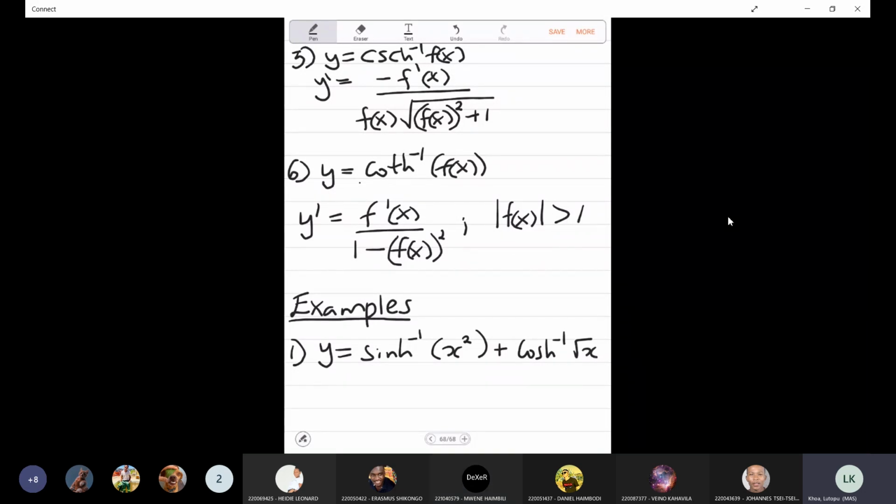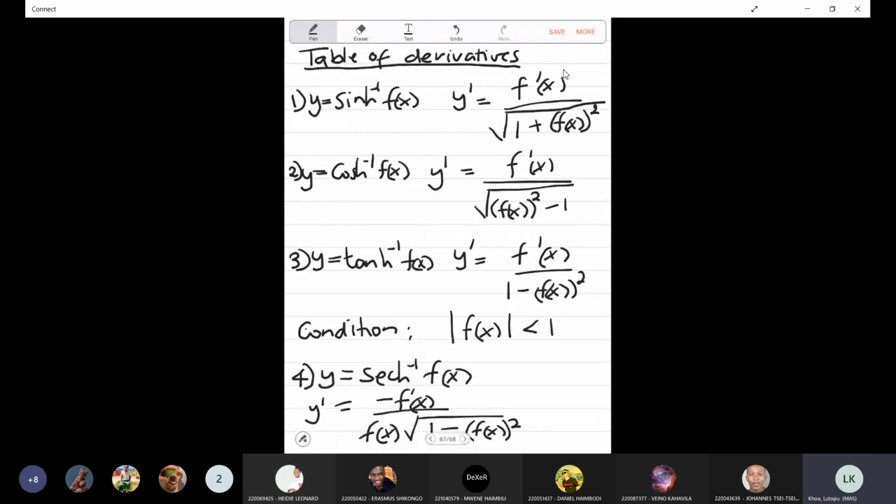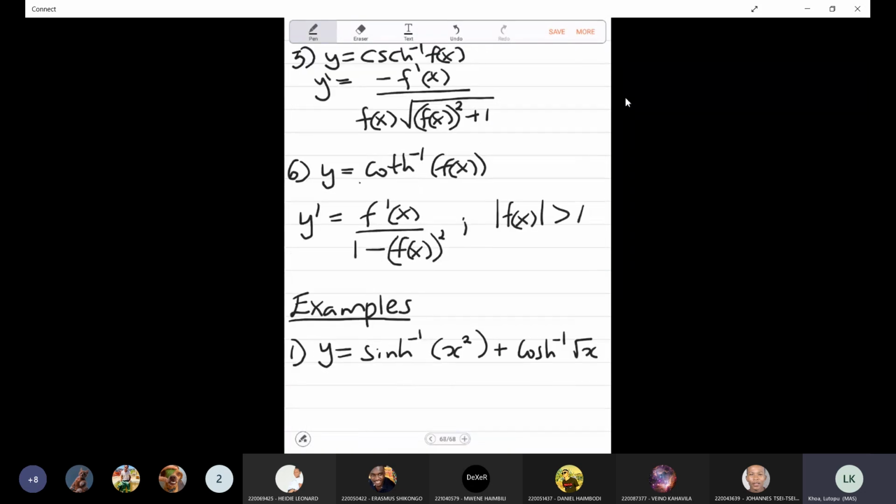So here, what we do is we just use our table of derivatives. For the first one, we have hyperbolic sine inverse of f of x. So the way to differentiate this is your f prime in the numerator, and then in the denominator, we have the square root of 1 plus f of x squared. And then the cosh inverse we will do in the same way.